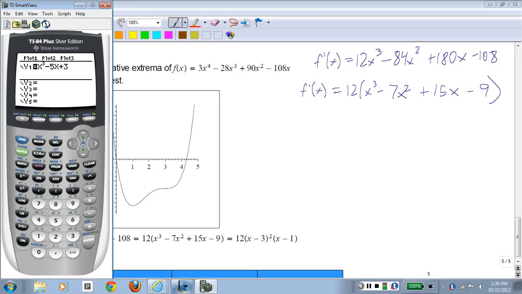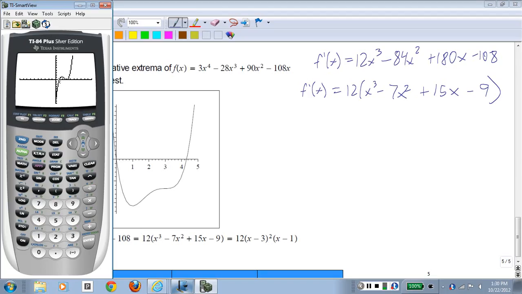Really don't need the 12. I'm just concerned with the zeros of the x cubed minus 7x squared plus 15x minus 9. By the factor theorem, zeros of this will point us to factors of the expression.